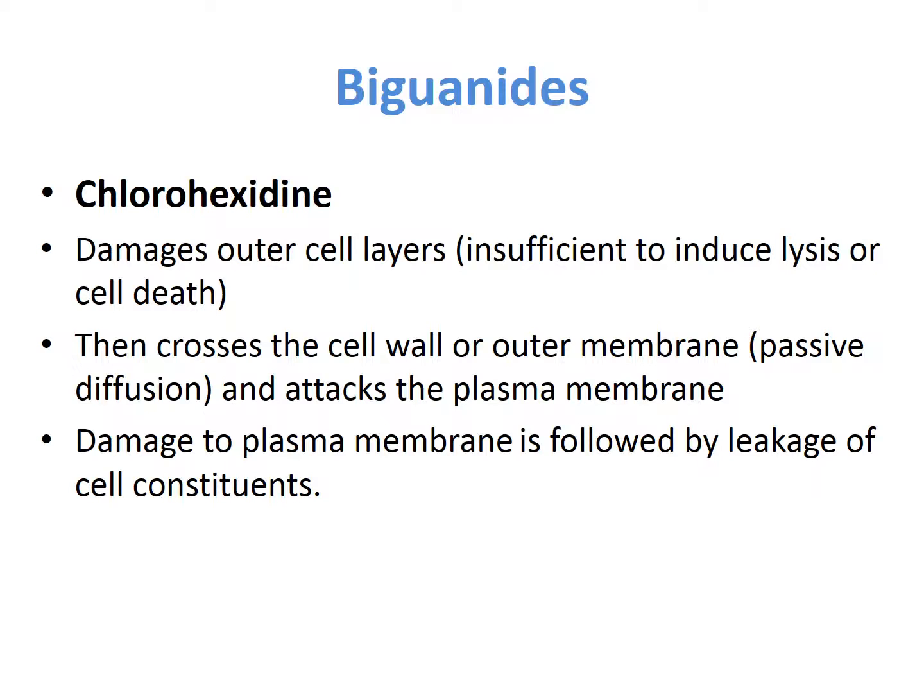We know that once chlorhexidine passes the outer layers of the cell, it crosses the cell wall or outer membrane and then attacks the plasma membrane. So again, the target is the plasma membrane, and the mechanism is membrane disruption. This leads to leakage of the cytoplasm and cell constituents into the environment and leads to lysis and/or cell death.